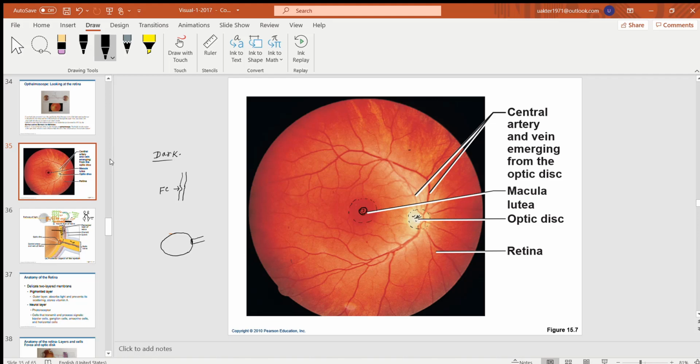And what happens, a blood vessel, an artery called the internal carotid artery, I believe you have heard, which comes from the common carotid artery in your neck, and a branch of the internal carotid artery is the ophthalmic artery. Okay, so this is the ophthalmic artery.